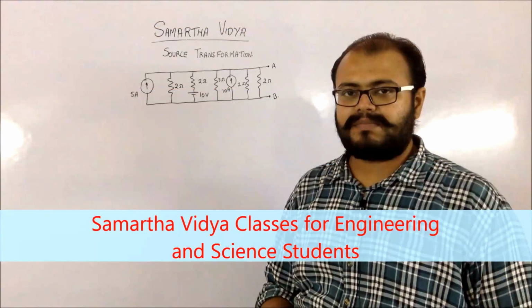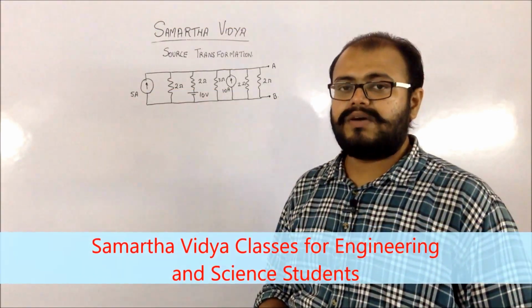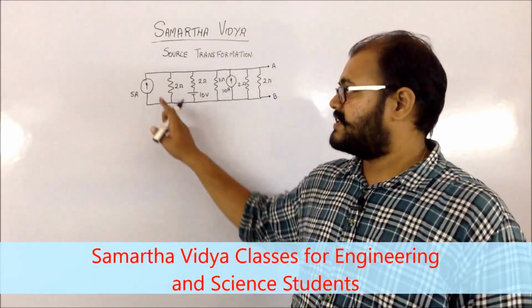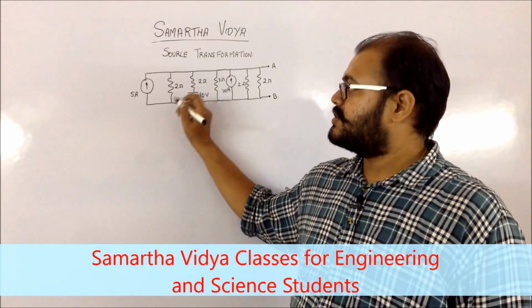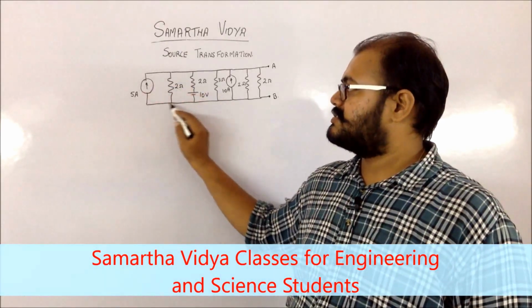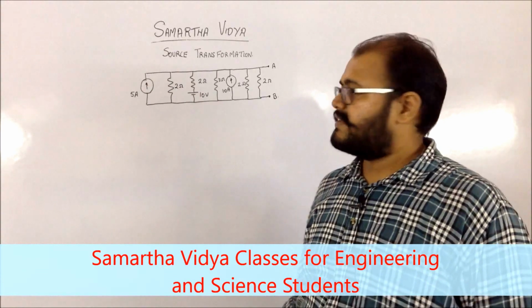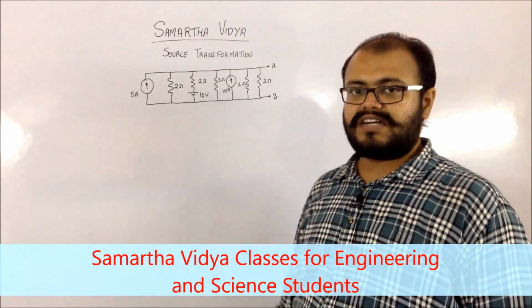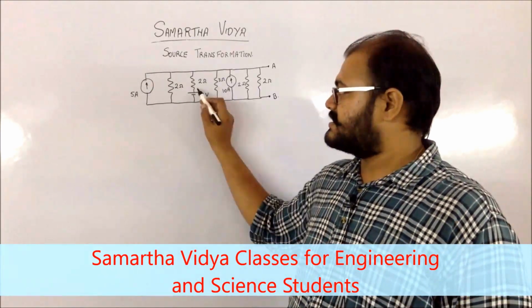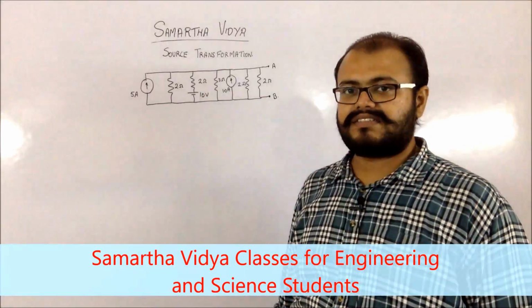Whenever you are applying source transformation, when you are converting your current source to a voltage source, you have to have a resistance parallel to it. And when you are converting your voltage source to a current source, you have to consider a resistance in series with it.